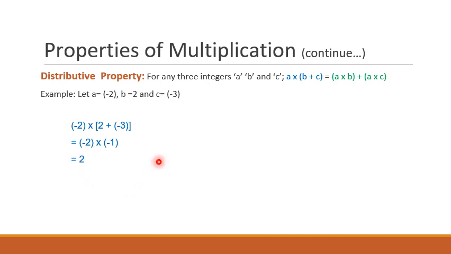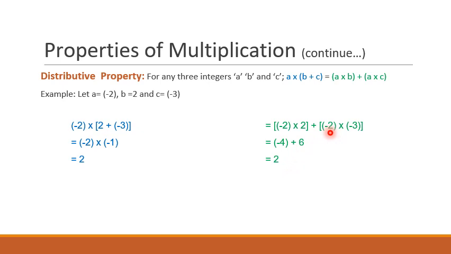Now let's see the right hand side. a multiplied by b plus a multiplied by c. So minus 2 multiplied by 2 in bracket added to minus 2 multiplied by minus 3 in brackets. Let's first solve these brackets. First we'll multiply the numbers in the bracket and then we will add them. So minus 2 multiplied by plus 2. Minus plus, the answer will be negative 4.